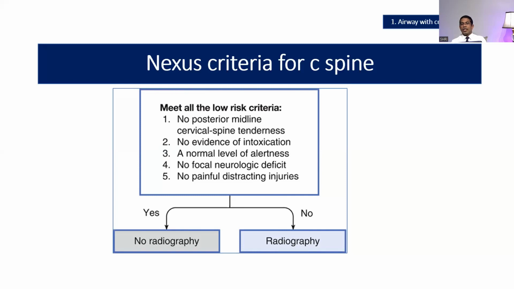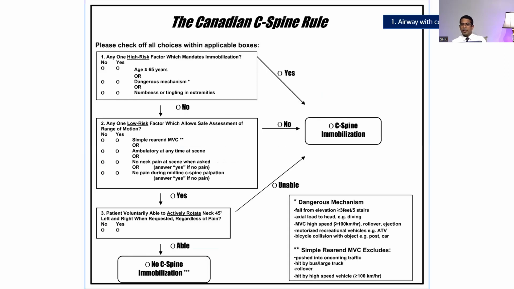This is how you assess the cervical spine in a patient who is coming with trauma. But suppose the patient has blunt trauma or an altered level of consciousness and you can't assess the rest. Then you apply a cervical collar and proceed with the next step, that is breathing.